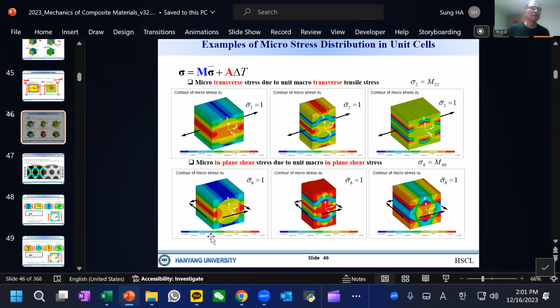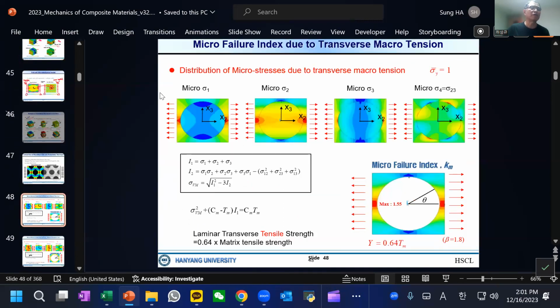What is the resin strength, which we call TM? Resin strength is about 50 megapascal or sometimes 100 megapascal.